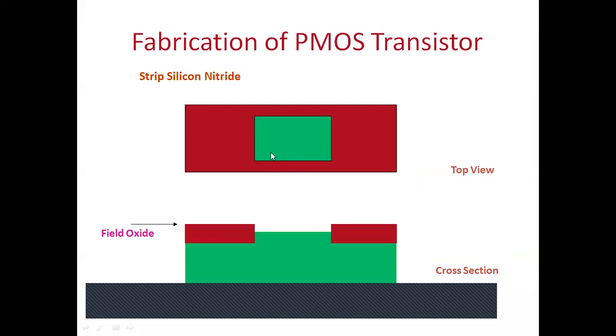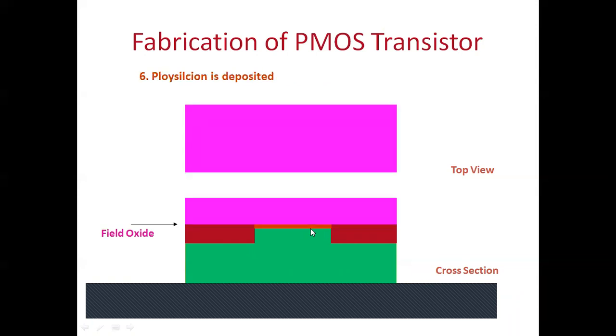So this is where the NMOS and PMOS transistor is fabricated, the active area. This is the result of the active area mask, the first mask. Then we deposit thin silicon dioxide. Then polysilicon is deposited.